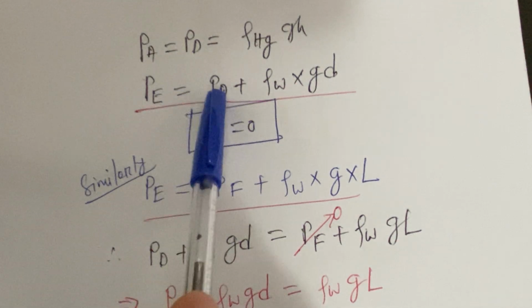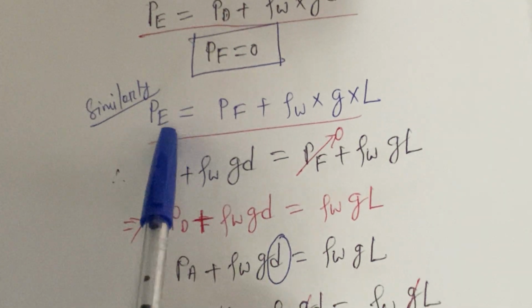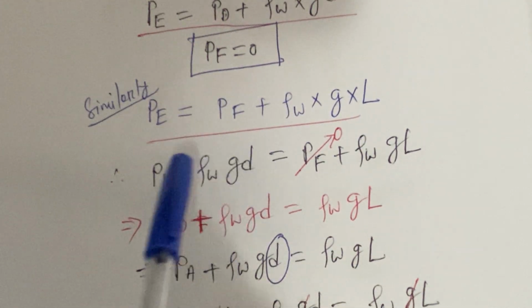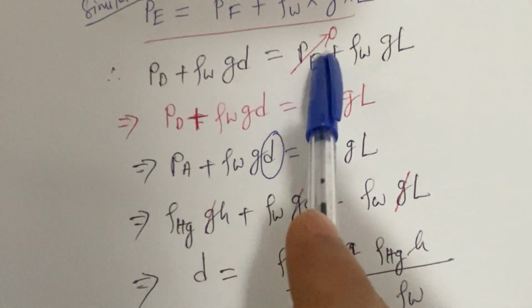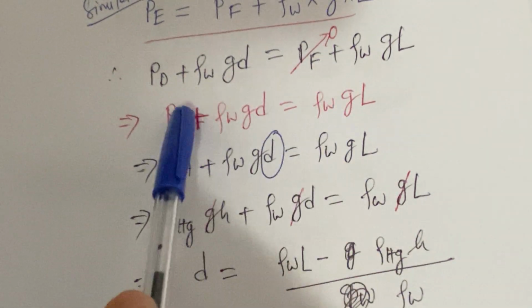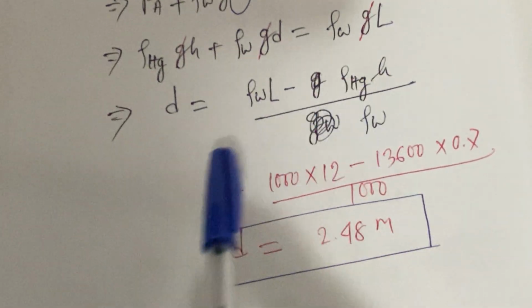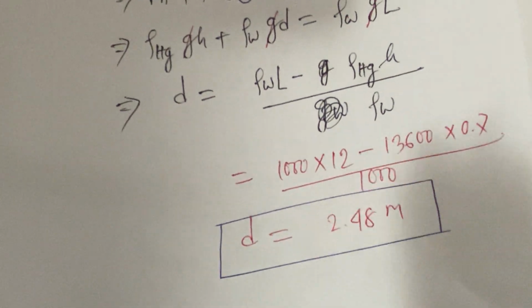The pressure at E equals PD plus rho g D. Similarly for the left hand side, PF and this. So for static equilibrium, we can say this pressure PE equals this one, and we substitute PF equals 0 and PD equals PA. Then after some simple simplifications, we substitute all the values and we got the value D equals 2.48 meter.